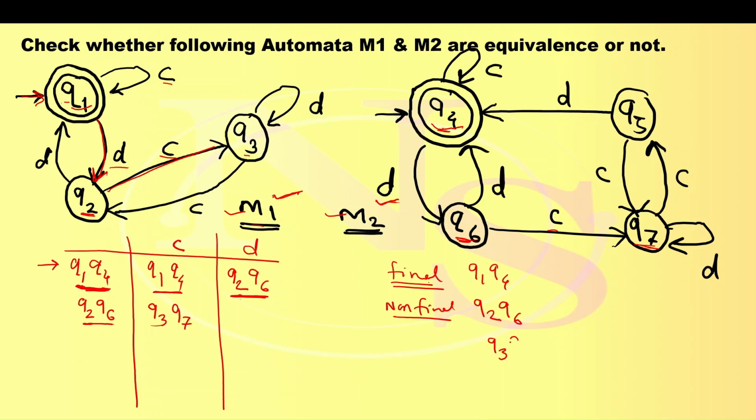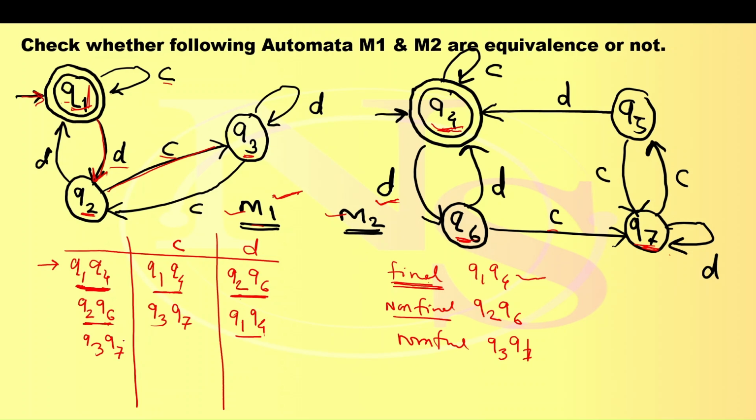Q3 is non-final, Q7 is non-final, so no issue. Q2 Q6 on D: Q2 on D goes to Q1, Q6 on D goes to Q4. So Q1 Q4, both are final, no issue. Q1 Q4 is covered, Q3 Q7 is new, so take Q3 Q7.